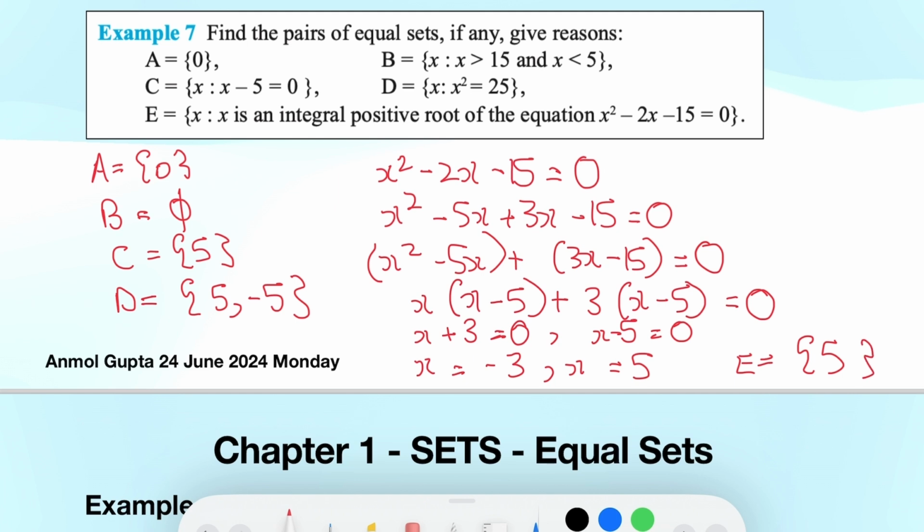So we can see only set C and set E are equal.